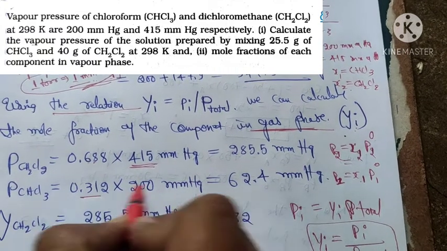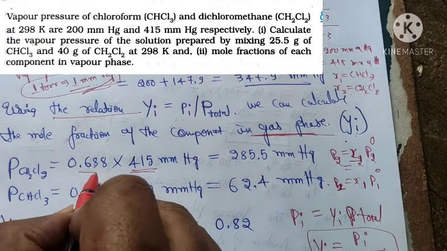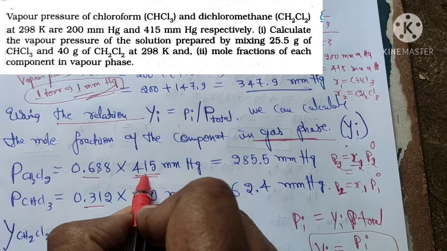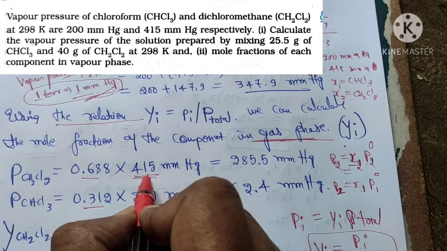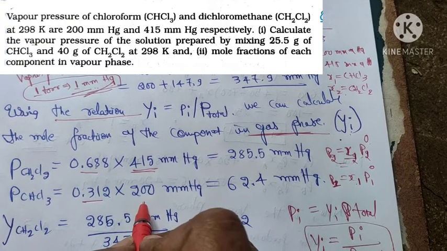Chloroform value. X2 is considered the dichloromethane value, P2. This is the dichloromethane vapor pressure value, and this is the chloroform vapor pressure value.